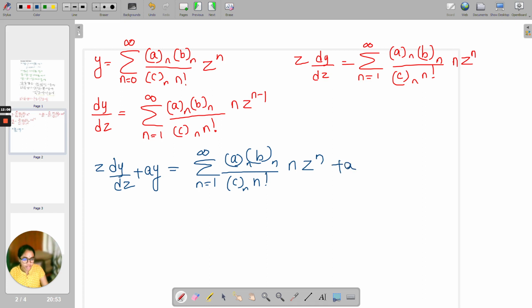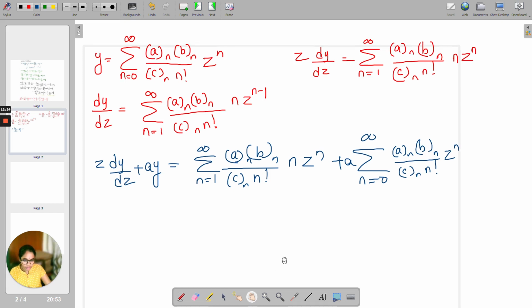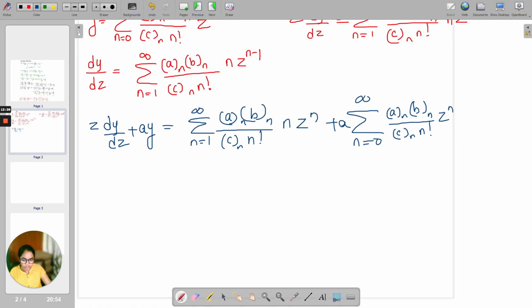What is y? n is equal to 0 to infinity, an, bn divided by cn into n factorial z power n. Now let me take one term out of this. Yes, because I want n is equal to 1 so that I can take common from both the terms.